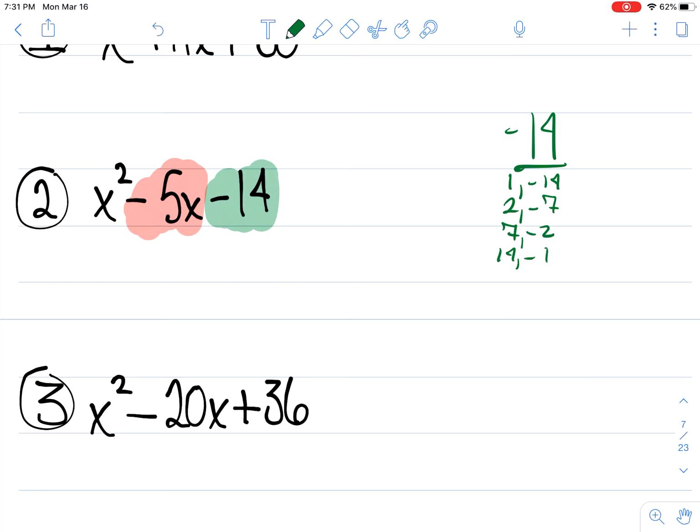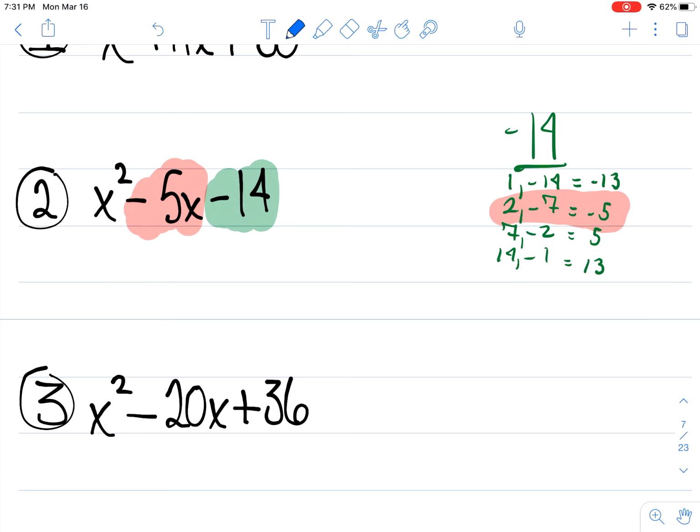Then we're going to add them together. When I add them together, I get negative 13 there, negative 5 there, positive 5 there, and positive 13 there. So which one do I need to finish up the factorization? I need this one right here. That's the one where the factors add to negative 5.